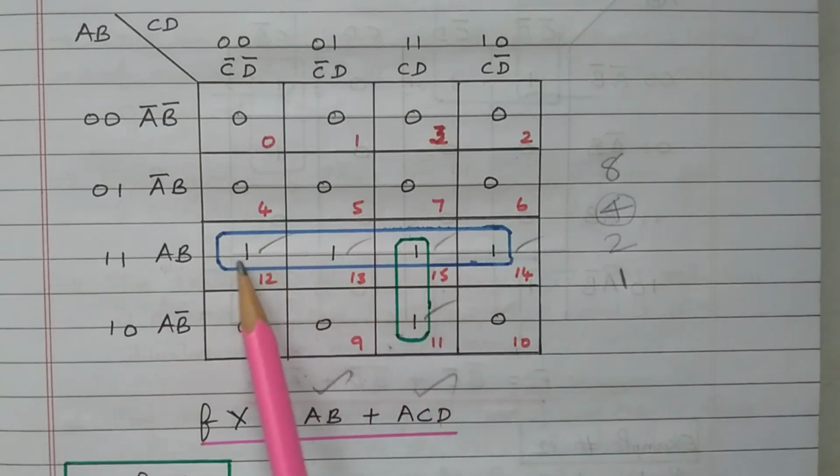Thereafter, we find the term for the 4 cell grouping, and similarly for the 2 cell grouping. What we got? AB plus ACD. That is the final answer. So the given Boolean function is now reduced into this form, AB plus ACD. So in this problem, we solved the K map with the sum of min terms.